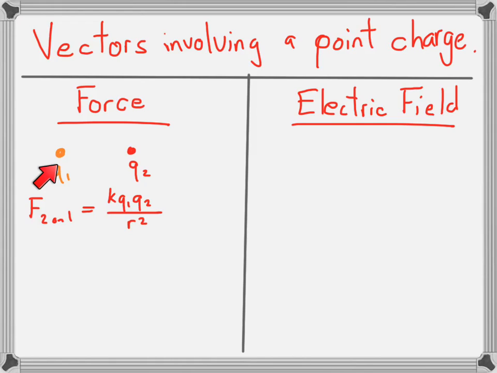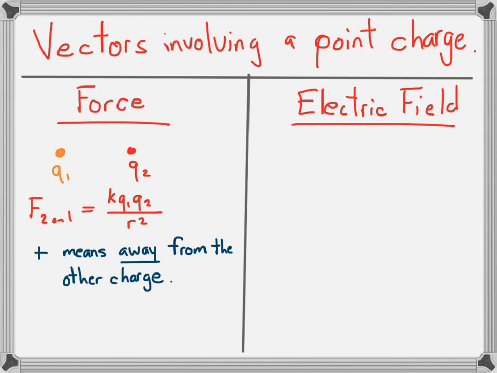That's what we're ultimately asking ourselves. When you calculate this number and you get a positive number, that positive number doesn't mean it's going to the right. That positive number means that the force is pointing away from the other charge.